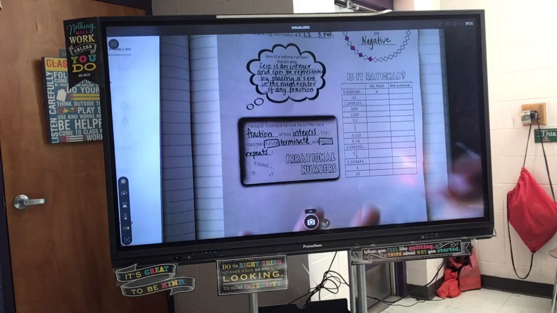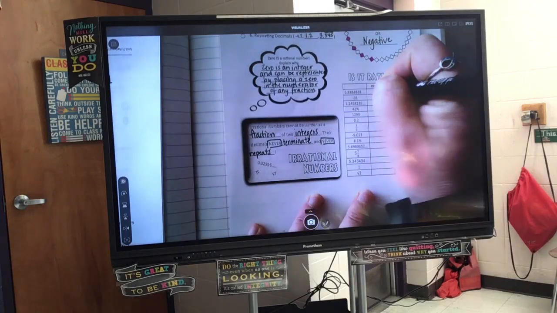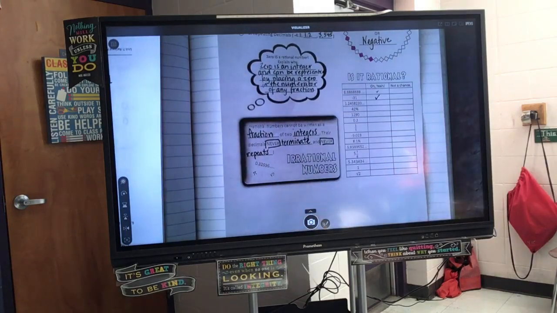That is correct. Have a seat. Stand up if you said 1 and 2, 4, 5, 8, 2, 3, 9, dot dot dot is a rational number. This is not a rational number.